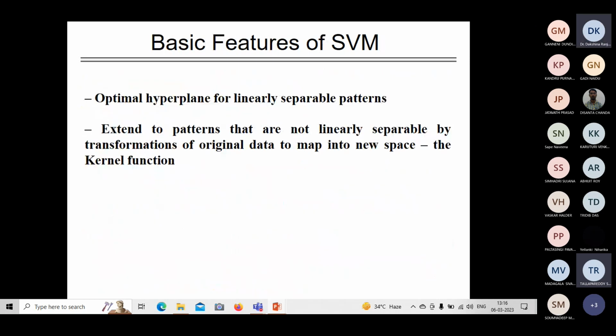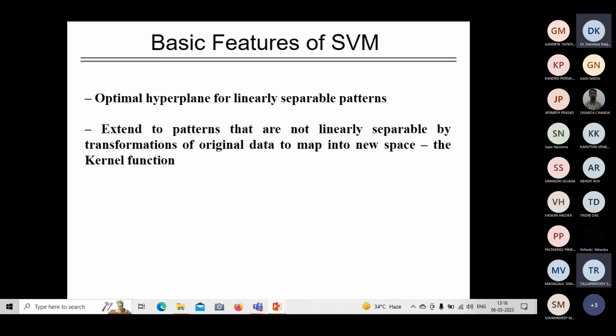Now, if we look into the basic features of support vector machines, they define the optimal hyperplane for linearly separable patterns. If we get the feature vectors or the patterns, then we need to define a linearly separable hyperplane or linear classifier.